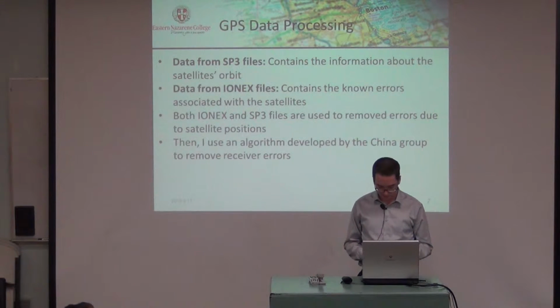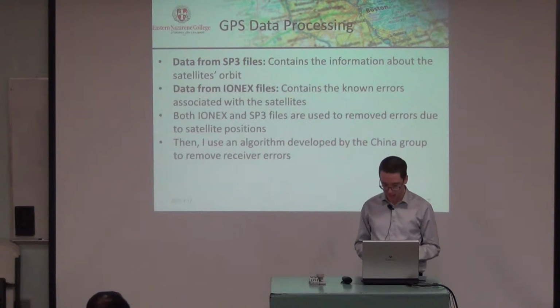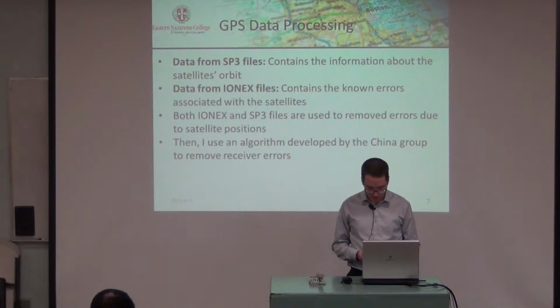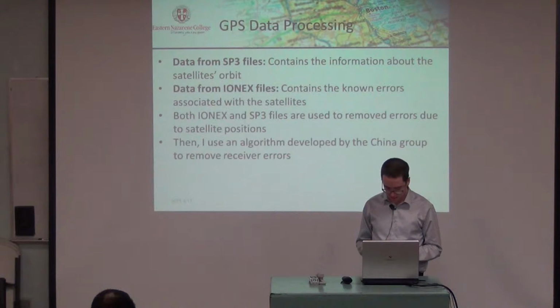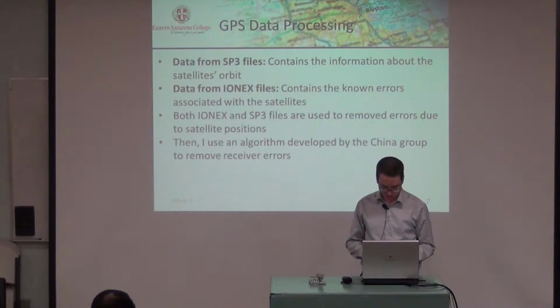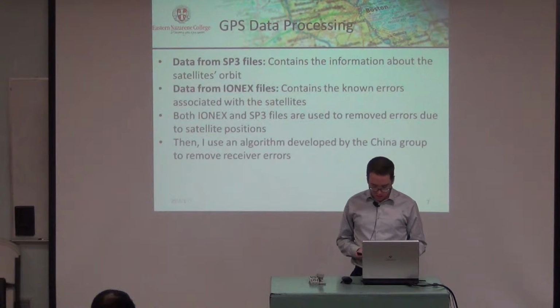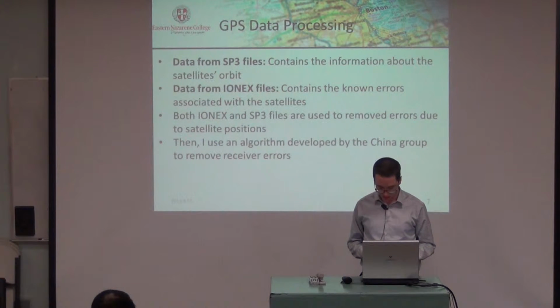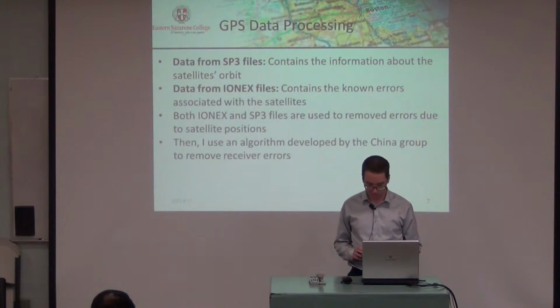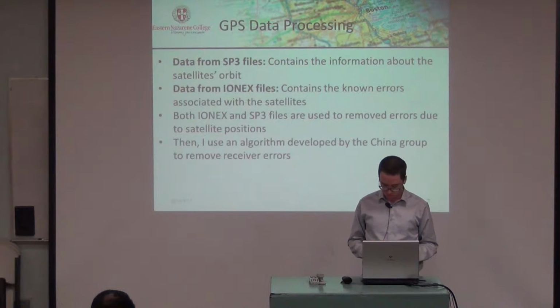Besides the information in RINEX files, I also use other files called Ionex and SP3. Both of these are used to correct errors due to the satellite's position. Then I use the code developed by the China group to remove these errors.